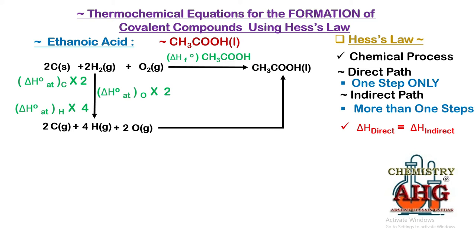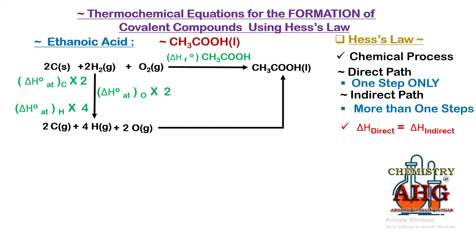Here we will write down the bond energies, bond enthalpies. But before writing bond enthalpies, you must know the displayed formula of this compound, so that you can come to know how many different types of covalent bonds are present in this compound. So for that purpose, you will have to write down the displayed formula for the given covalent compound.